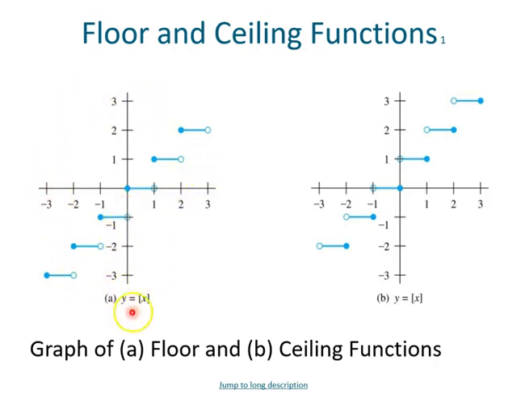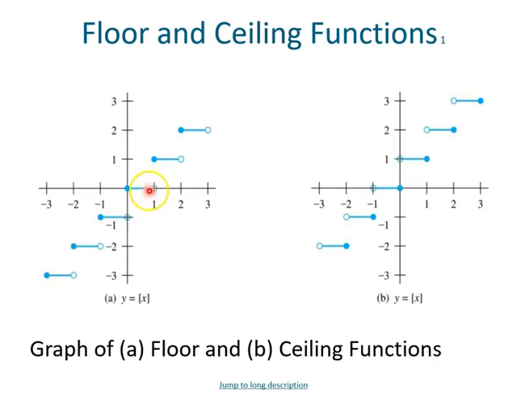Here we have the graph of the floor function. The floor of 1 is 1, so this point is in the graph. Well, this point here is hollow. It is not on the graph.